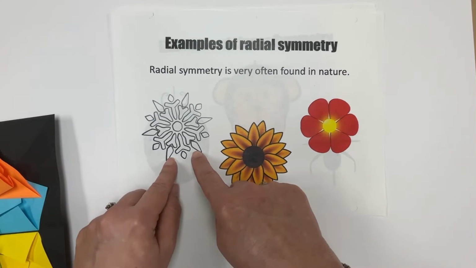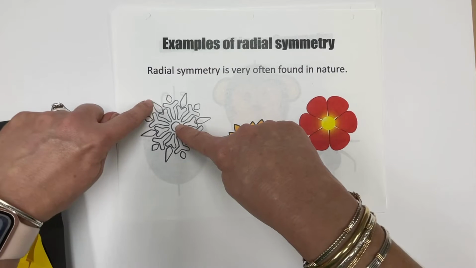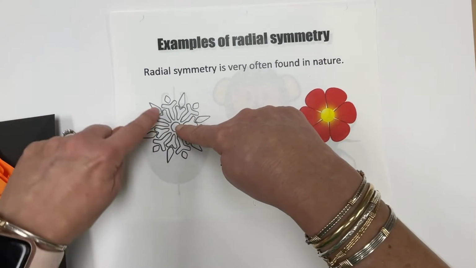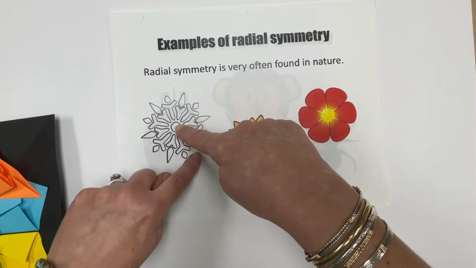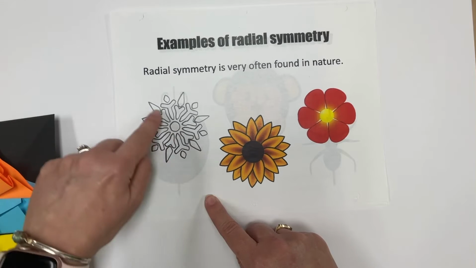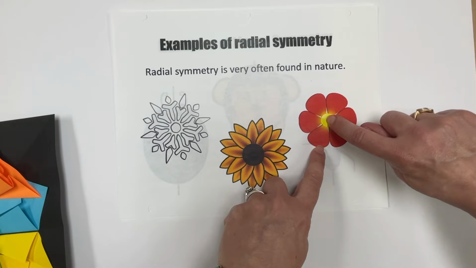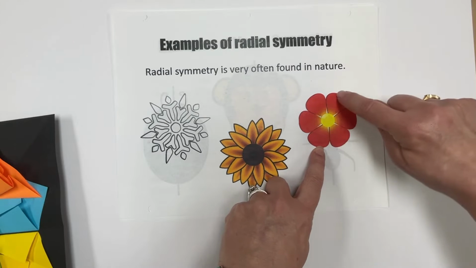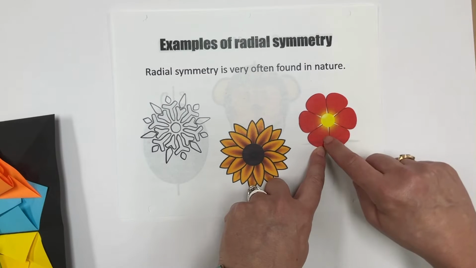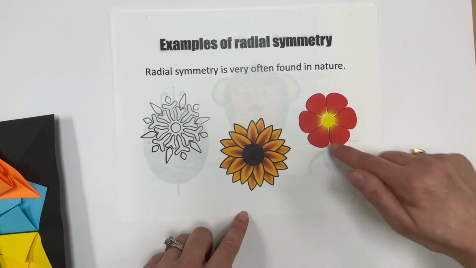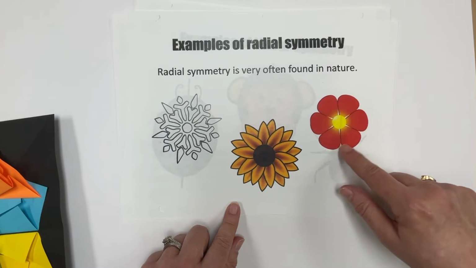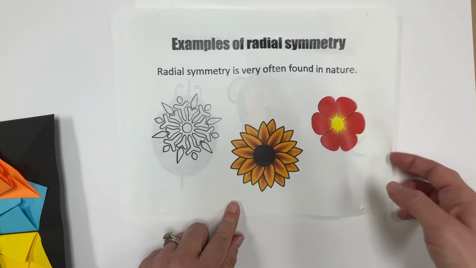So just like this snowflake, you see how this is your center point, that these parts of the snowflake across from each other are symmetrical, they are the same. Just the same thing here in this flower. So you see you have your center point, and these petals are across from each other, they are the same. Often they are in somewhat of a circular shape. So that's what radial symmetry is, and that's what we're going to be creating with our paper designs.